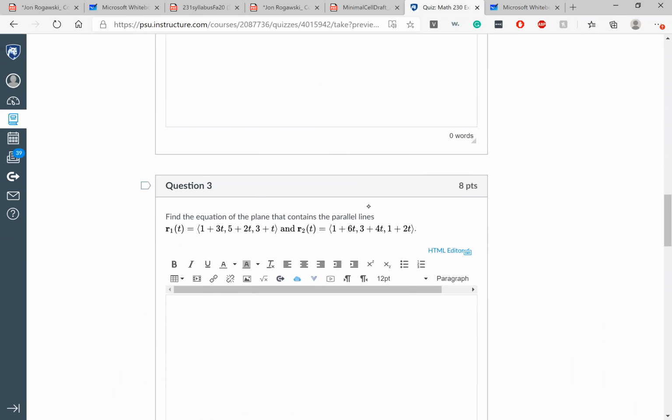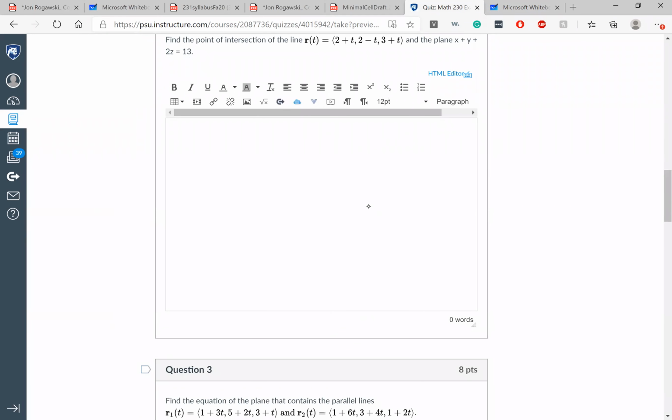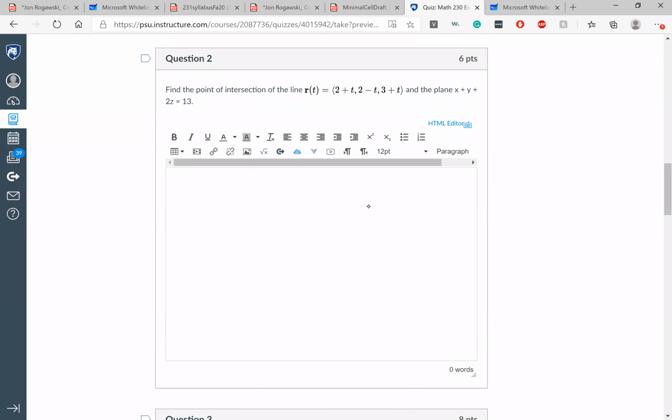Okay, let's do the next problem. The next problem asks us to find the point of intersection of that line and that plane.